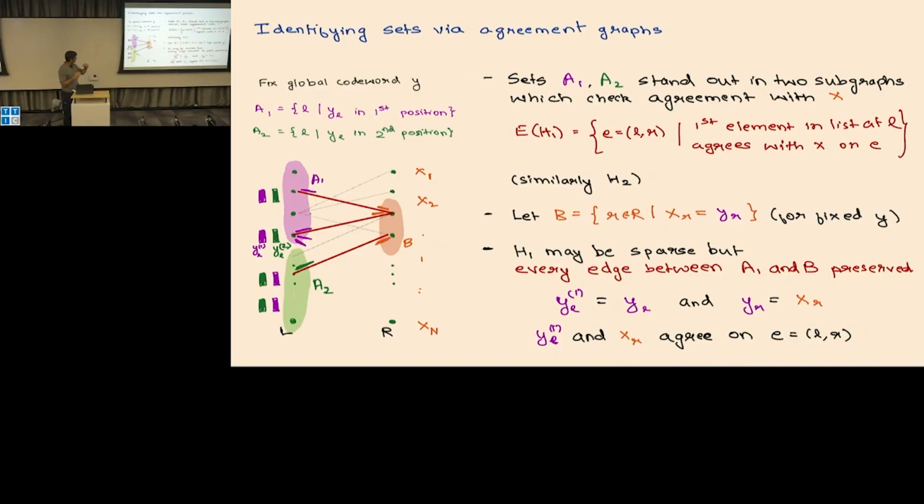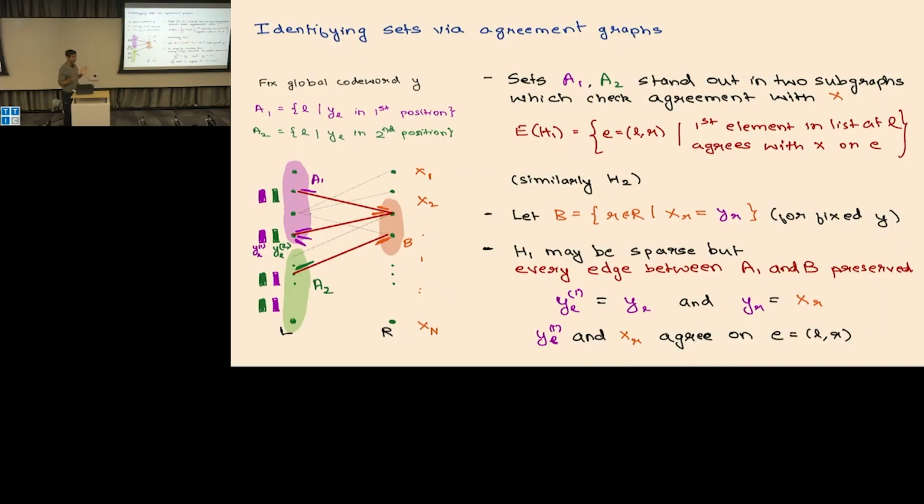I pick an edge if X agrees with my first choice, X agrees with Y, and Y is indeed the first choice because of A1. So every single edge between A1 and B is picked in this graph H1.